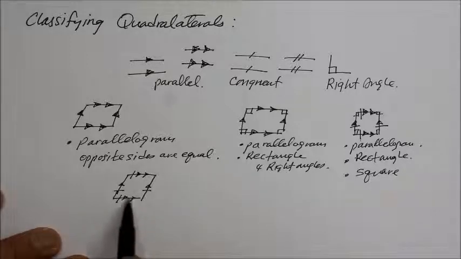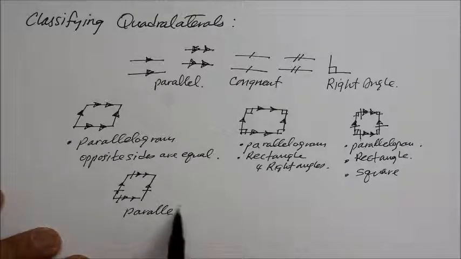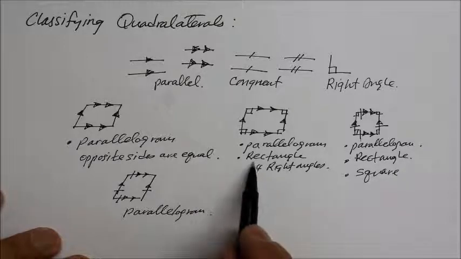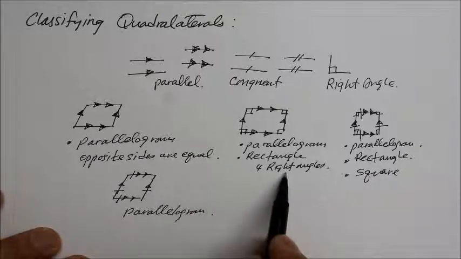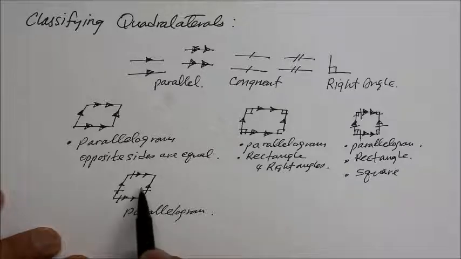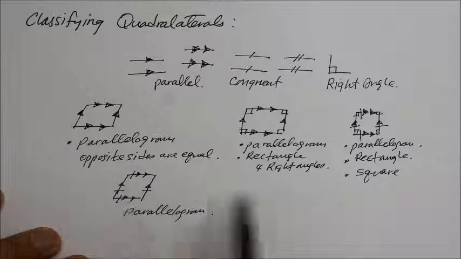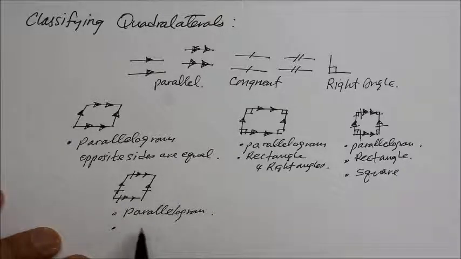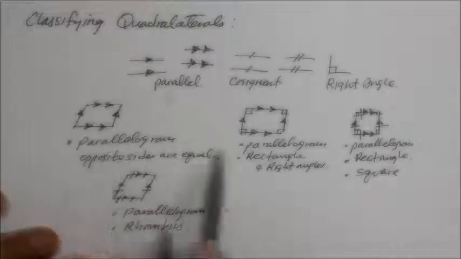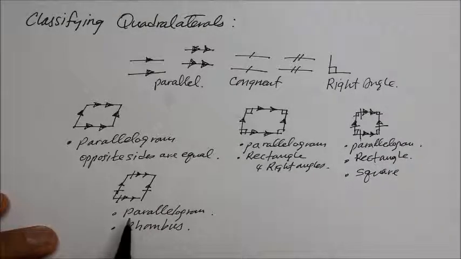It is not 90 degrees. Therefore, it is a parallelogram, but since it does not have four right angles, it's not a rectangle. But since it does have four congruent sides, like a square, we have a new name, and this is called a rhombus. And these are all parallelograms. Is that crazy or what?